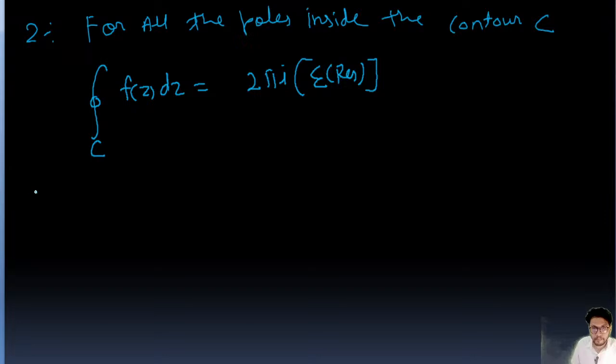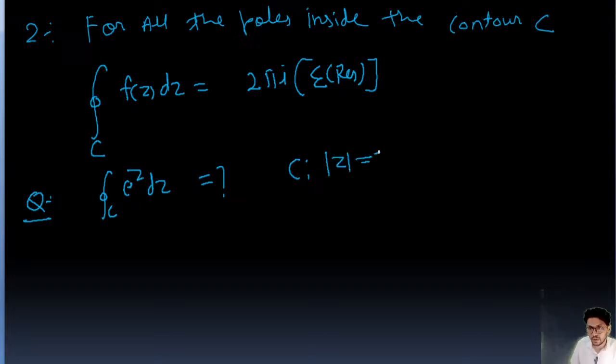So the question: you need to find the closed contour integration of e to the power z dz, and the contour is mod z equal to 1. Mod z equal to 1 we can also write as mod z minus 0 equal to 1.